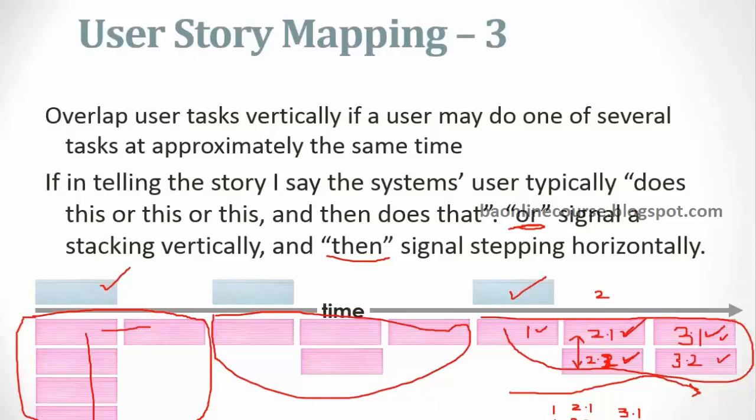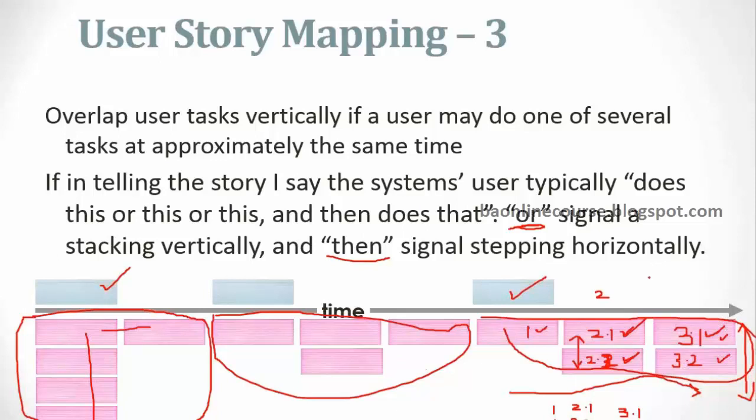So overall you're figuring it out. Okay, payment I can make in 2 ways, receipt I can send in 2 ways. So whatever you can do in multiple ways, you're stacking them vertically. Okay, and whatever are mandatory steps or have to be done, they are stacked horizontally.